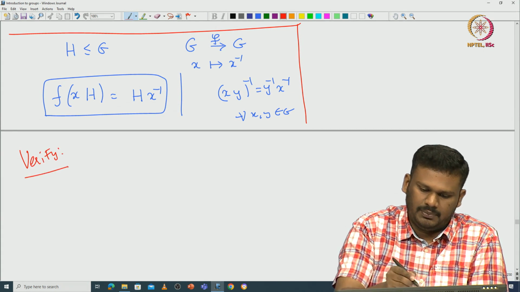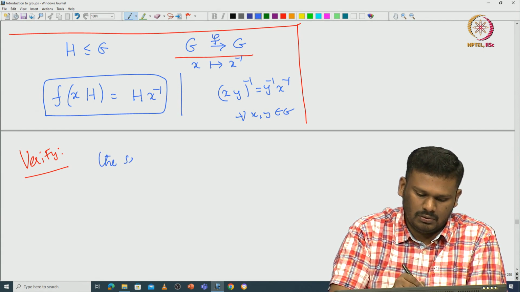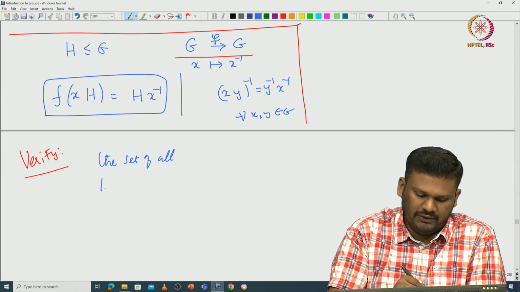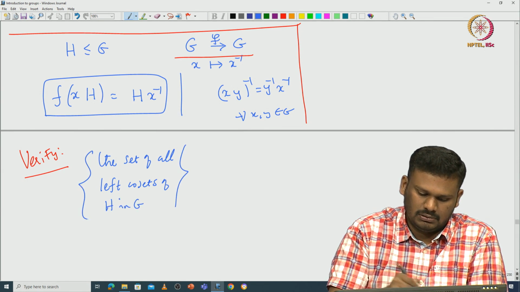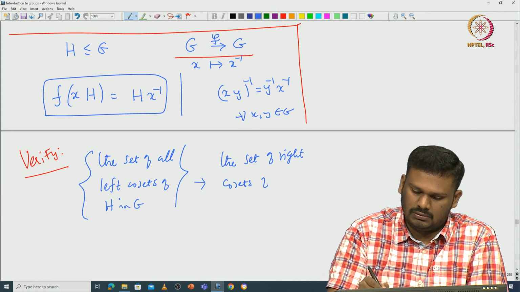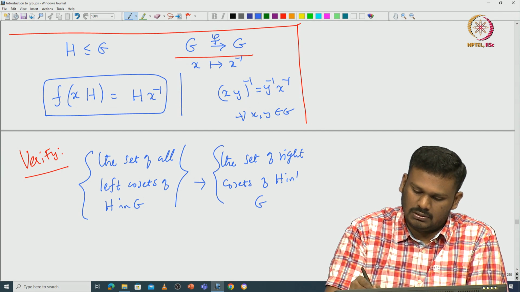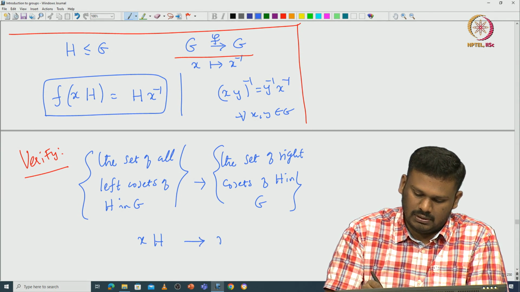So when you restrict this map to the set of all left cosets of H in G, going to the set of all right cosets of H in G, xH is mapped to H x inverse.